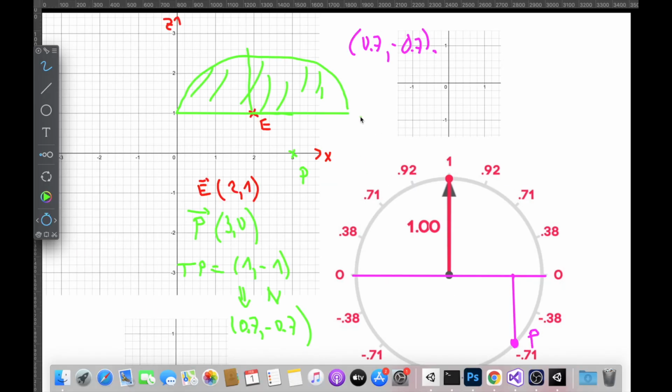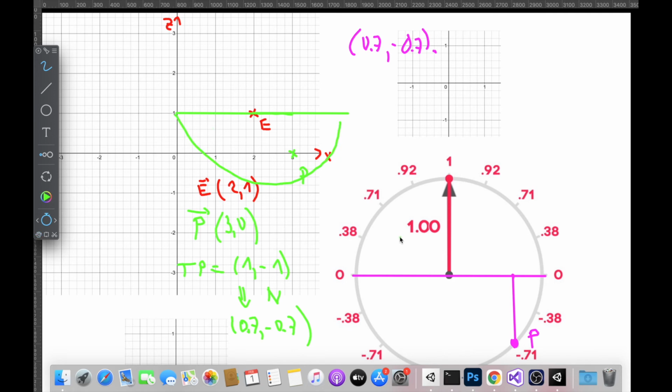The player normalized position is the same, 0.7 minus 0.7. The detection range is now the other way around, so we are detecting whatever is here in front, this entire part.